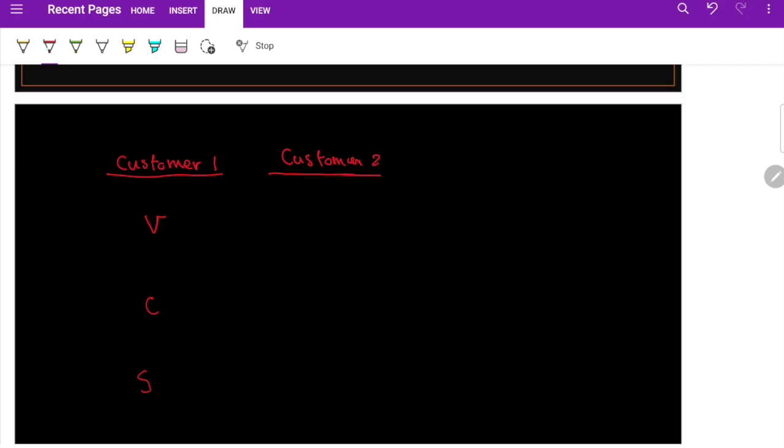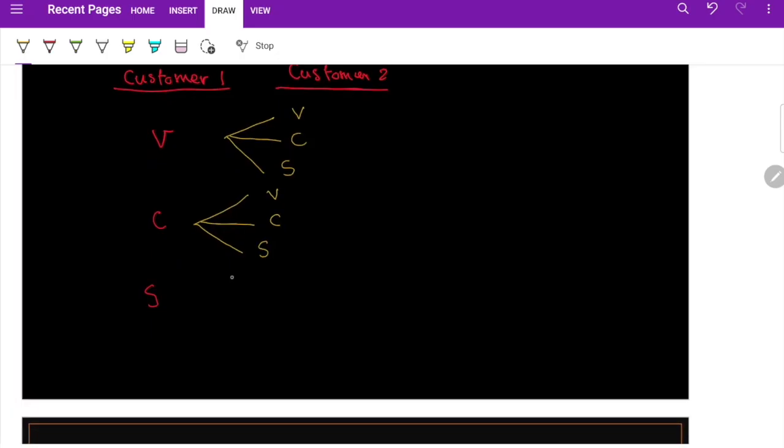If the first customer chooses vanilla, the second customer can choose either vanilla or chocolate or strawberry. If the first customer chooses chocolate, the second customer may choose again either vanilla, chocolate, strawberry. If the first customer chooses strawberry, the second customer may choose again vanilla, chocolate, strawberry.